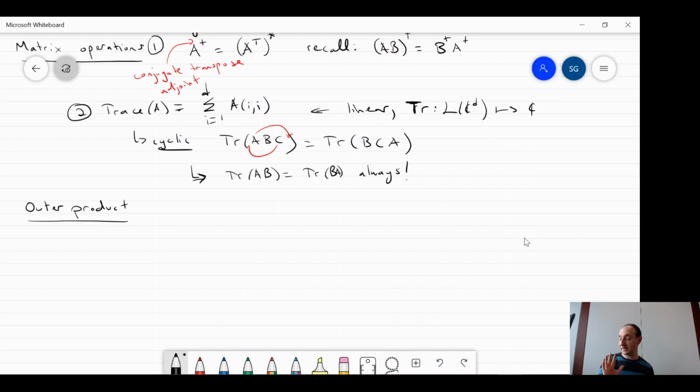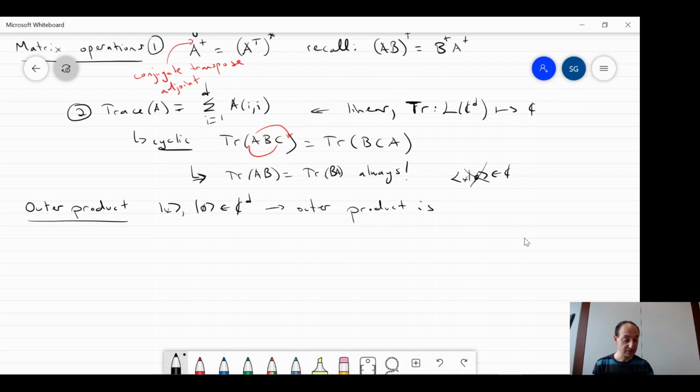The outer product is basically the brother or the sister of the inner product. If I take two d-dimensional vectors, psi and phi, then their outer product is, well, the inner product we did with a bra and a ket, and that took us to a scalar, a complex number.